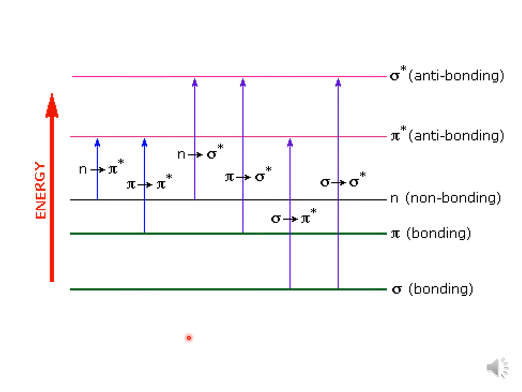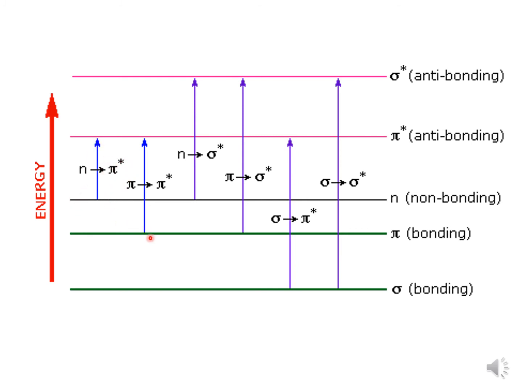So basically, when we try to understand sigma star or pi star and non-bonding electrons, they show some kind of energy level. Here you can see that from the non-bonding electron, it will produce the sigma star, the anti-bonding.